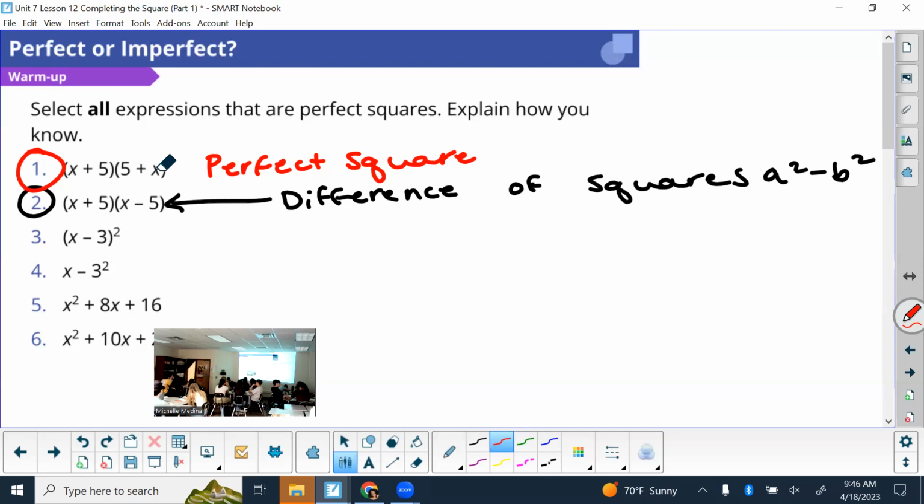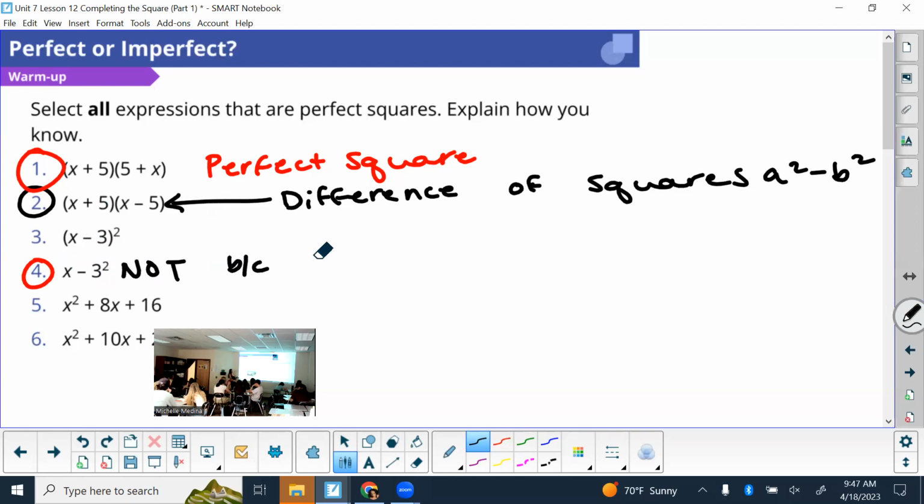All right, table 7, can you tell me another perfect square? Number 4. Class, do you guys agree? Why is it not a perfect square? There's no parentheses, so it's not a perfect square.